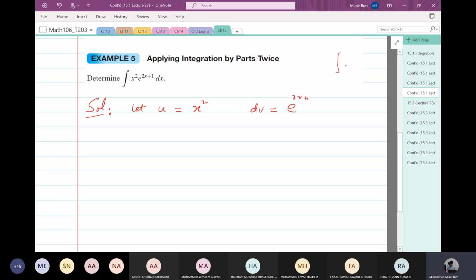Now you tell me if we have e to the power, for example, 2x dx. So what is its integration? Anyone remembers?